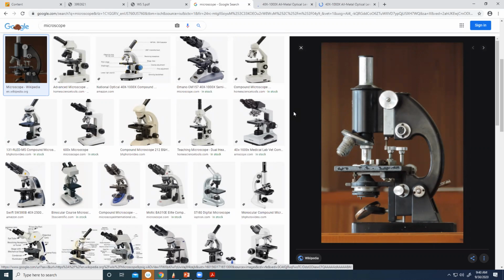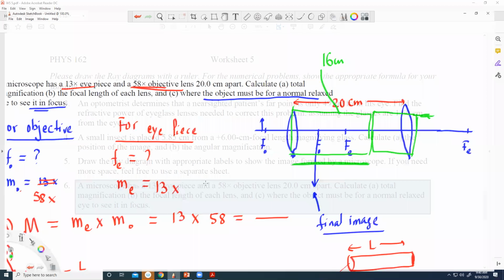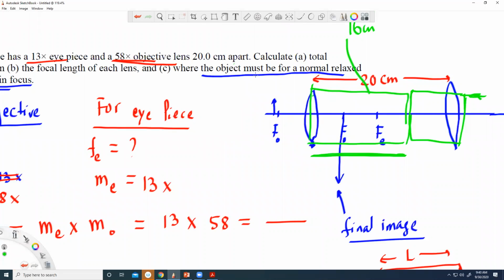So this distance would be L, but we are talking about this distance, which is the image distance. The image distance would be the length of that tube, which is 160 millimeters. In these calculations, L is always 160.